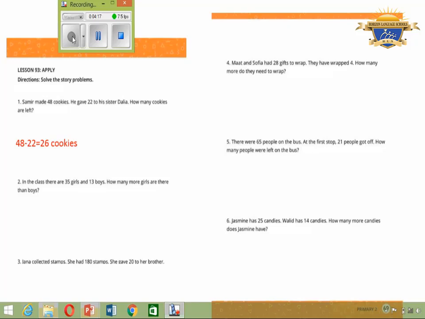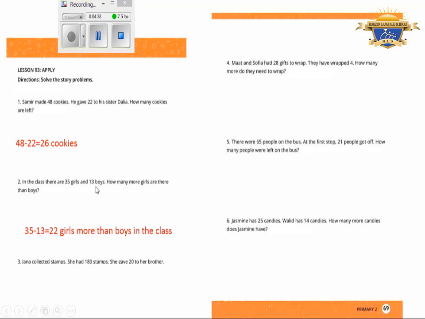So we compare here between two quantities, the girls and the boys. And comparisons can be solved with subtraction. So 35 minus 13 equals 22 girls more than boys in the class.